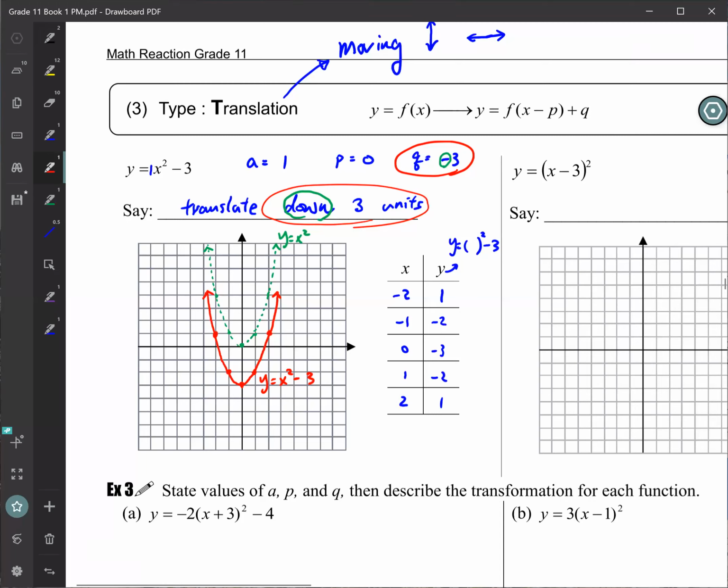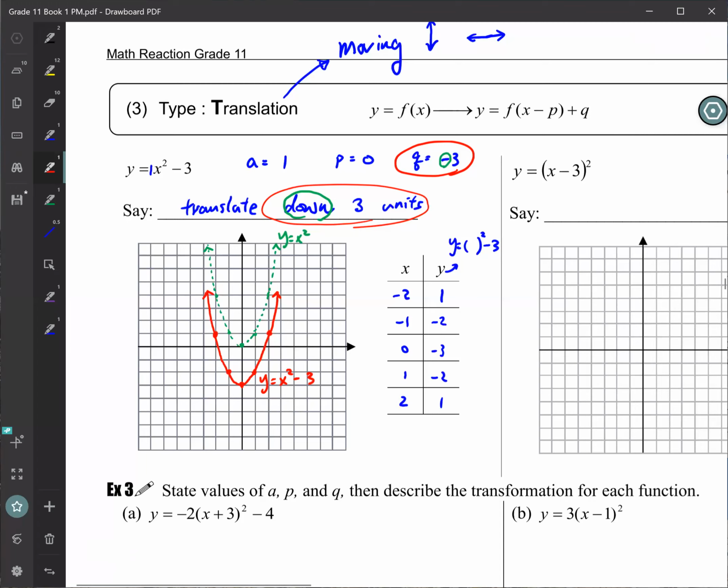If you want to move it up, then Q has to be positive. Remember, if Q is -3, please don't say down -3 units. That's a double negative, because down is already negative. Never say down -3, or up -3, that doesn't make sense. Just remember, positive is up, negative is down, and then you describe how many steps.